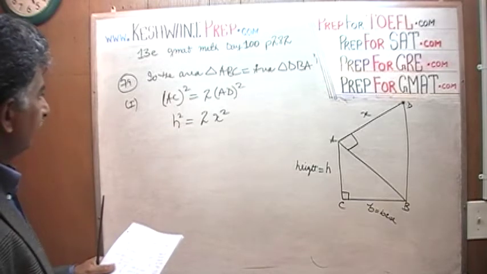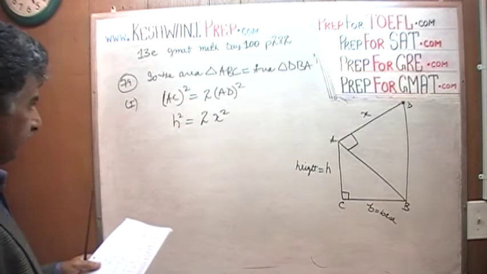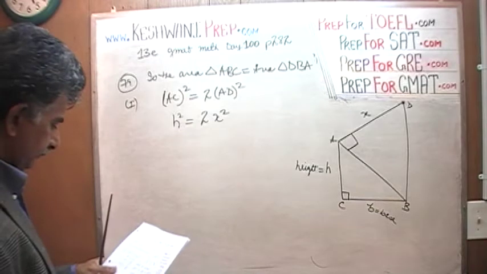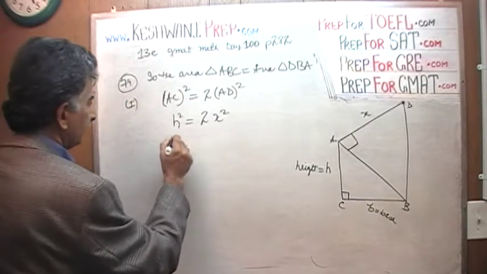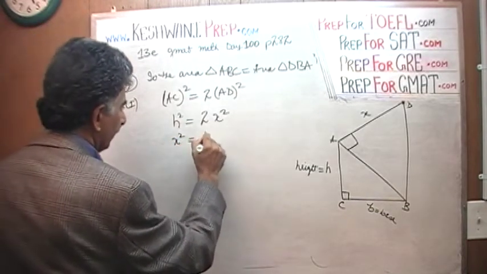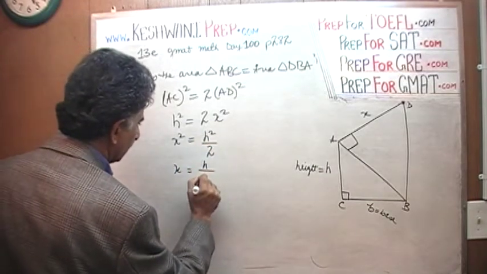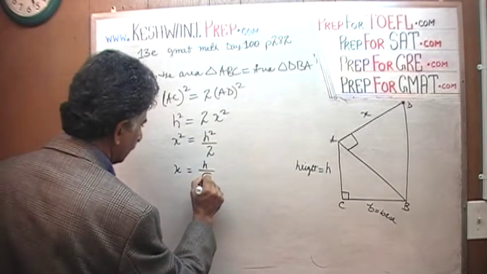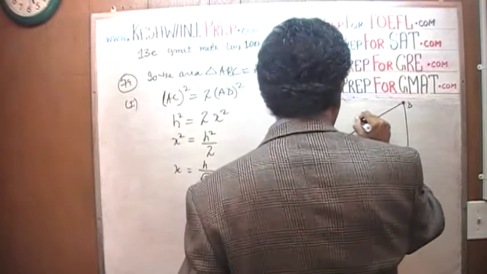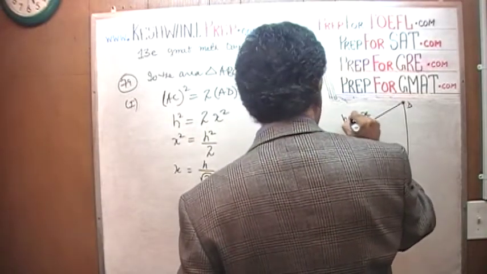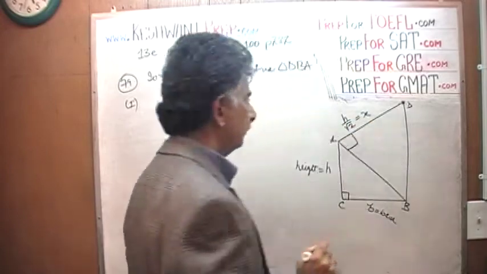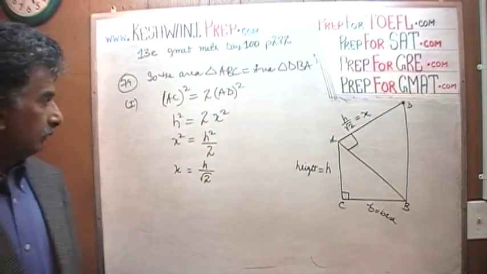And the question simply is whether the areas are equal to each other. Let's solve this for X. So X squared equals H squared over 2, which means X equals H over root 2. So far so good.